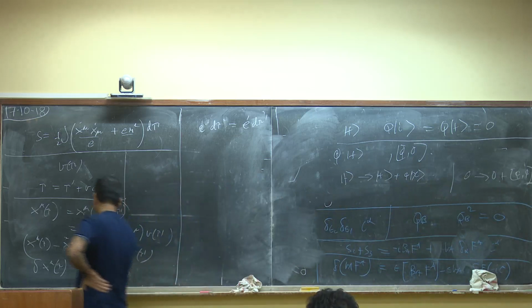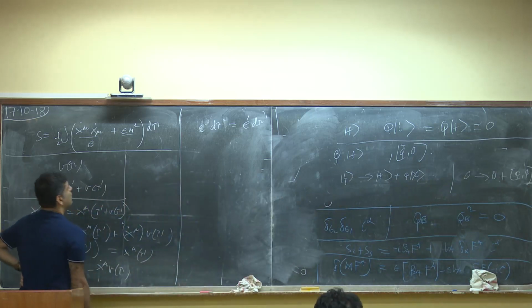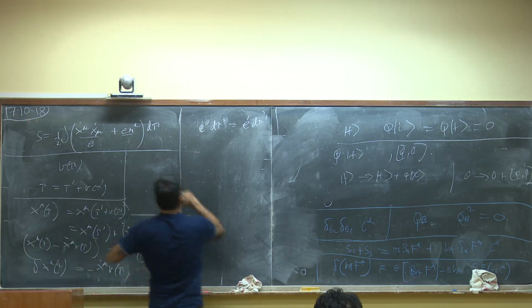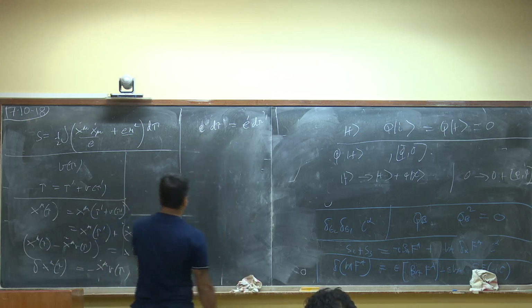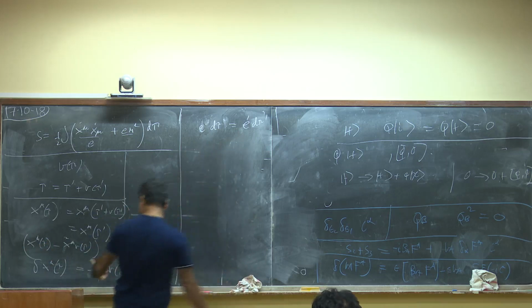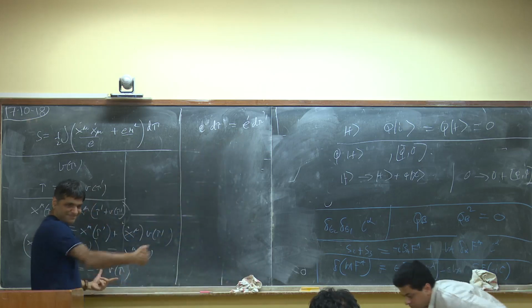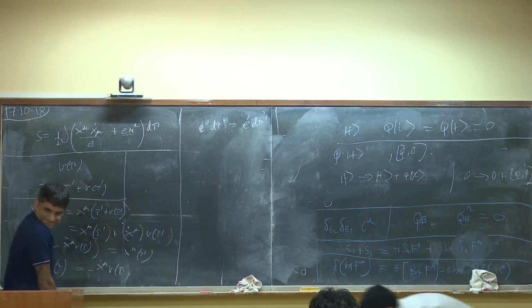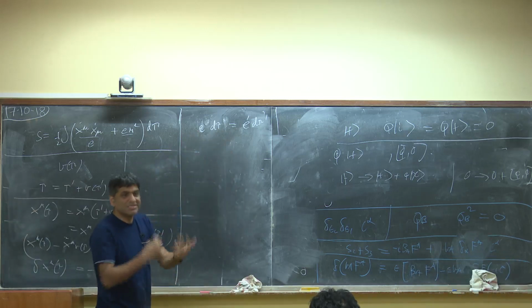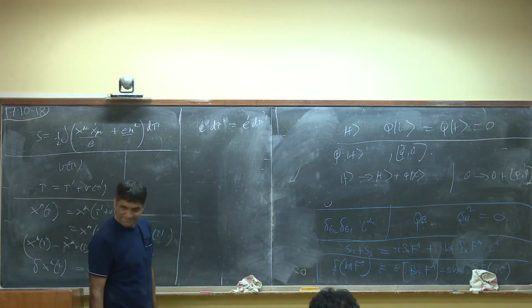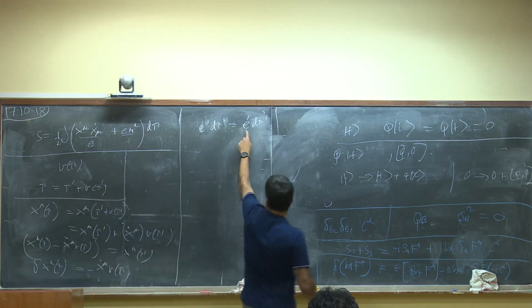Now, there are two changes in E. There's the change in E just because its argument changes, that's exactly the same as for x. But there's also a change in E because of the transformation of d tau. The sum of the two gives you the full change in E. So let's compute the part coming from this rule.